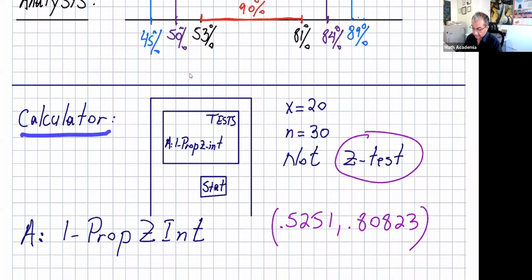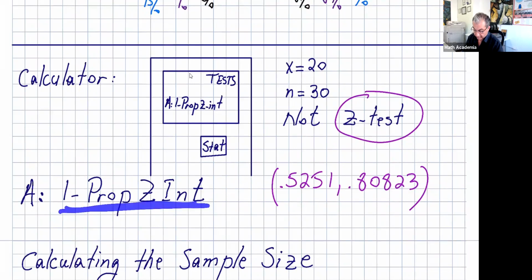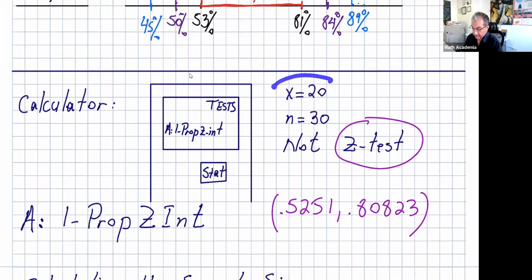Calculator. So now I want you to get used to this from now because we're going to be using this in a TI calculator. So push stats, and then you're going to see edit, calc, and the third one is test. Highlight test. And you can scroll down to A. It says 1-PropZInt. So 1-PropZInt, then the calculator is going to ask you for X, for n.